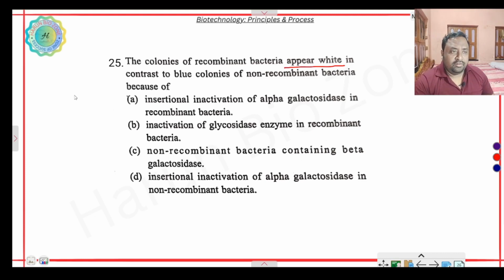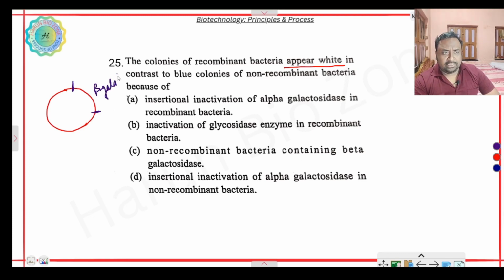First you have to know that this is the vector, and in this region, suppose this is the beta galactosidase gene.